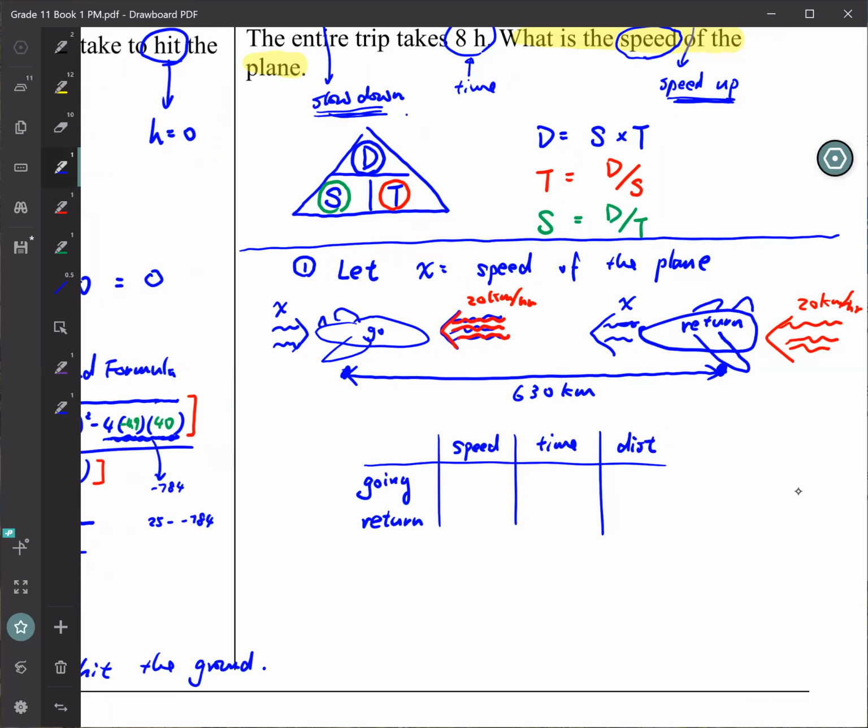Okay, let's talk about the going. What will be the speed of going? What should we fill inside this box? If the airplane itself can fly at x km/h, but it's going against a wind of 20, what will be the actual speed of going then? Anyone?